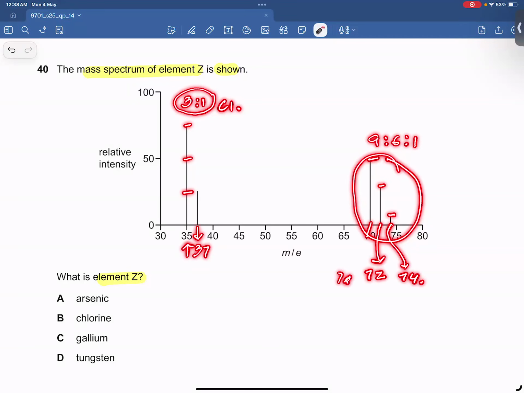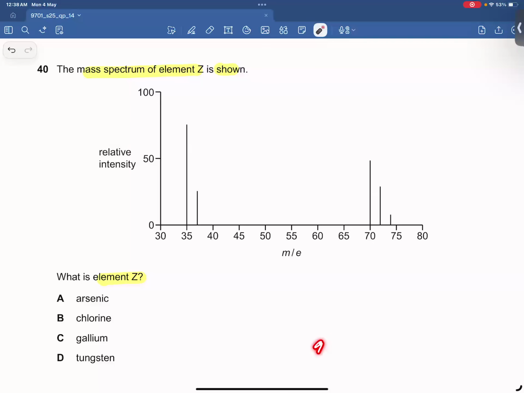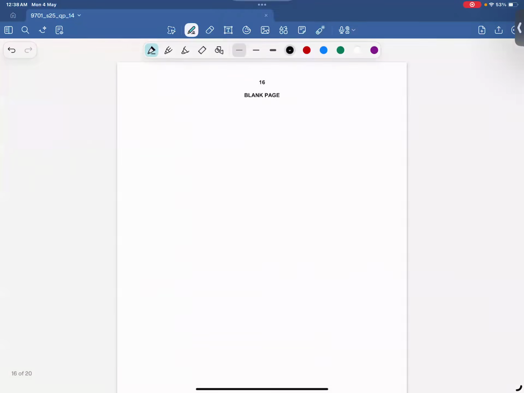So 70, 72, and 74. This 70 is the molecular peak, 72 is the M plus 2 peak, and 74 is the M plus 4 peak, and they exist in 9:6:1. So I believe B is going to be the right answer. That's the end of this paper, everyone. Thank you.